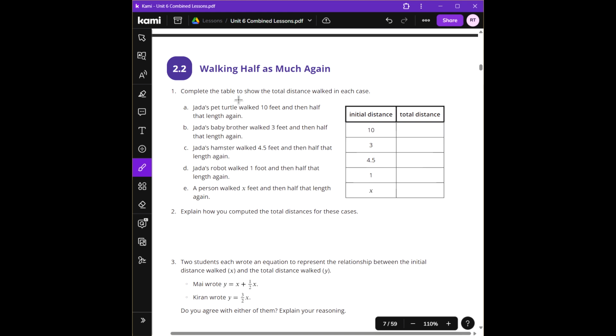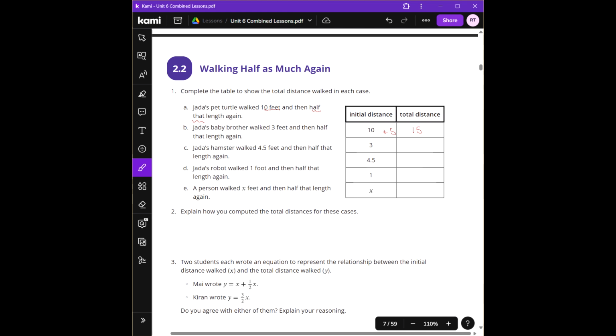Walking half as much again. Complete the table to show the total distance walked in each case. The first one, Jada's pet turtle walked 10 feet and then half that length again. So we have 10. Then we're going to add half the length, so the total distance is going to be 15.